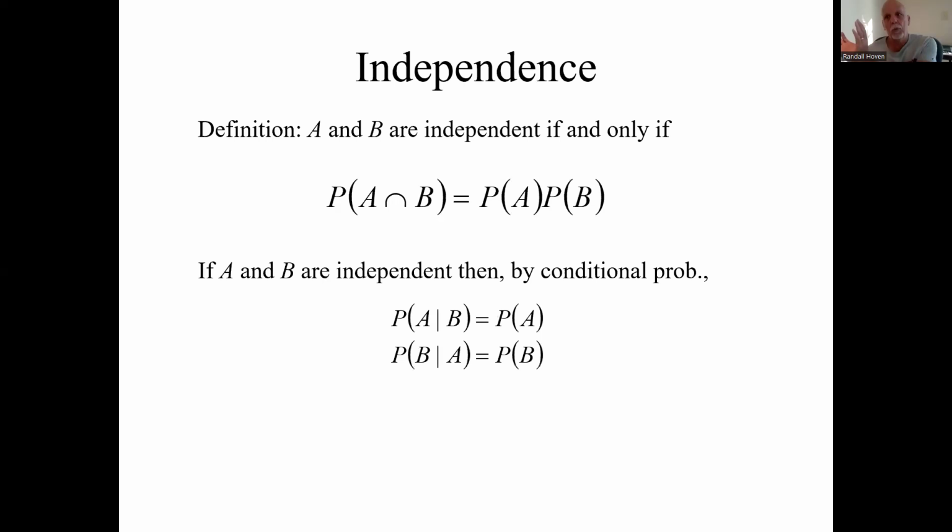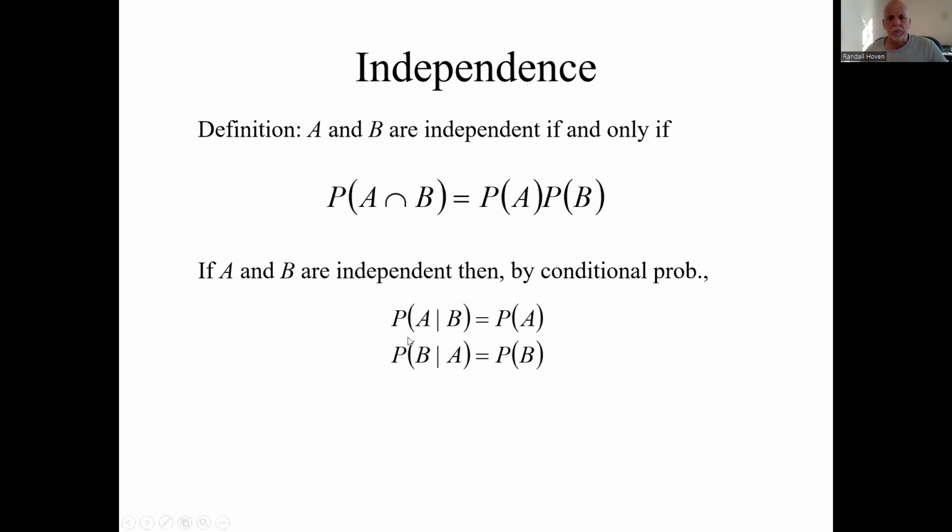One more little thing before we get into the next subject, which is going to be random variables, is the definition of independence. And here's what it means, and it's a definition. You say A and B are independent. A and B so far are subsets of our sample space. They are independent if the probability of their intersection is just the product of their individual probabilities.